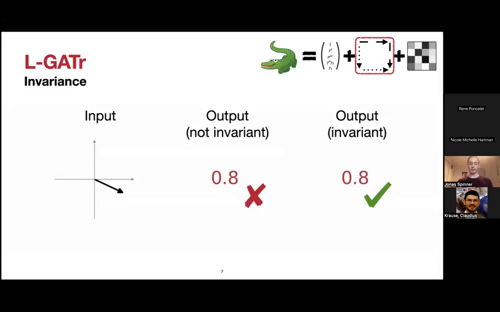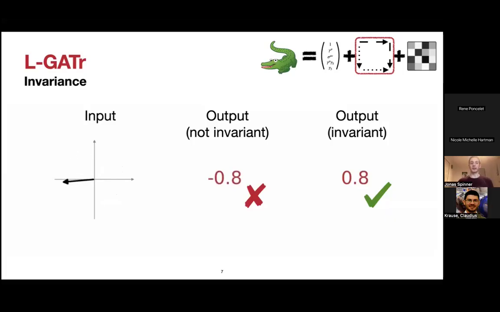So for instance, let's say we have this input vector here in black, and then we have a not invariant model and an invariant model. And for this input, they now both give us the same number. But now if we rotate the input, then the not invariant model changes its output, whereas the invariant model keeps the same output.